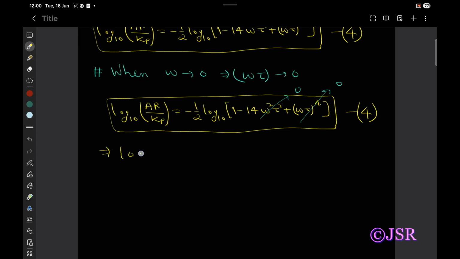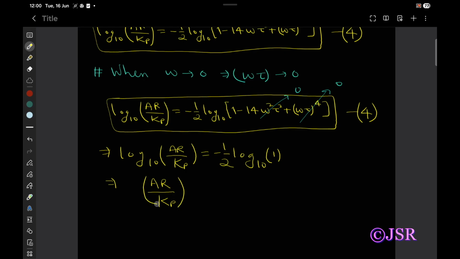So log 10 AR by Kp will be equal to minus half log 10 of 1, or we can say AR upon Kp tends to 1.